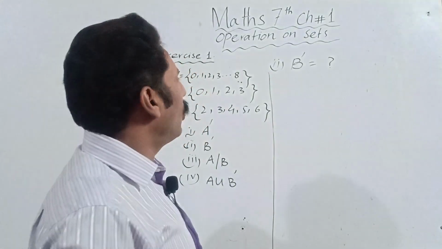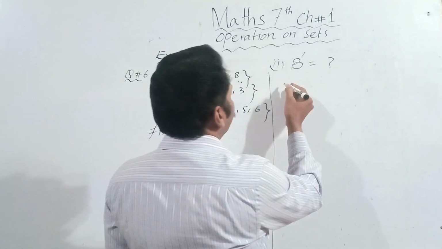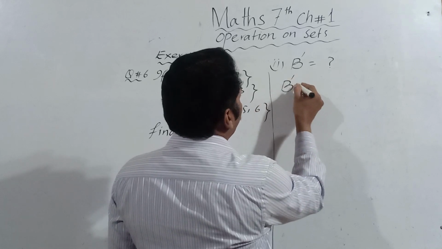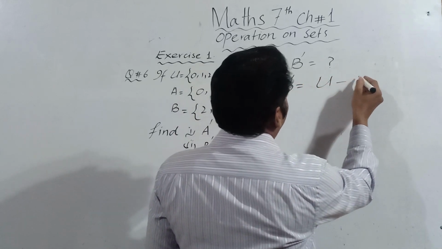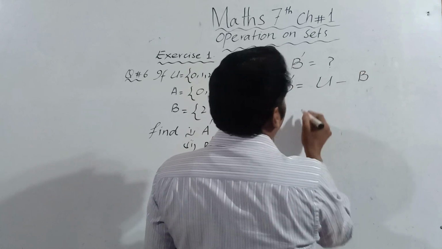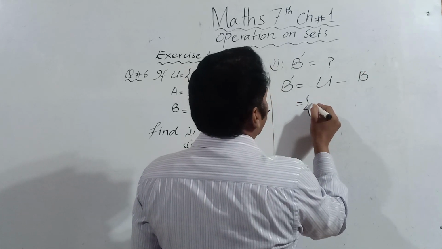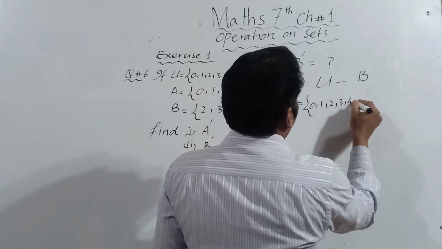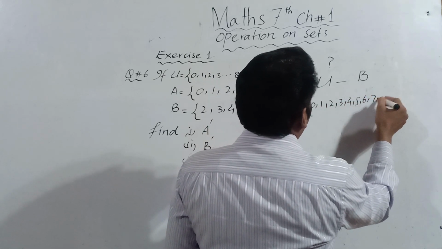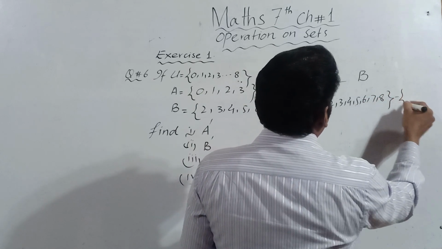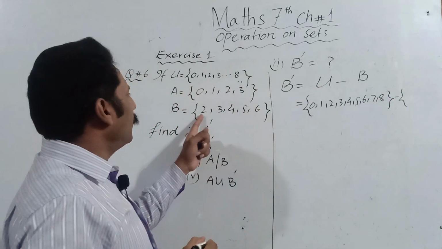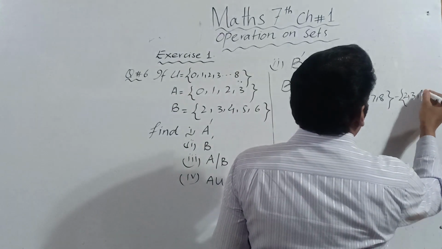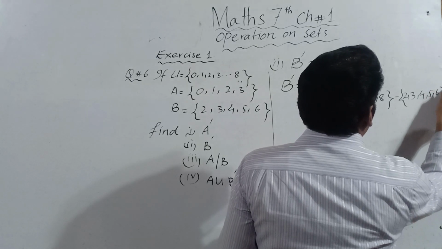Now if we want to find B complement, the formula is the same. What will we write? B complement is equal to universal set minus set B. So the universal set, we know that it consists of 0, 1, 2, 3, 4, 5, 6, 7 and 8, minus set B which consists of 2, 3, 4, 5 and 6.